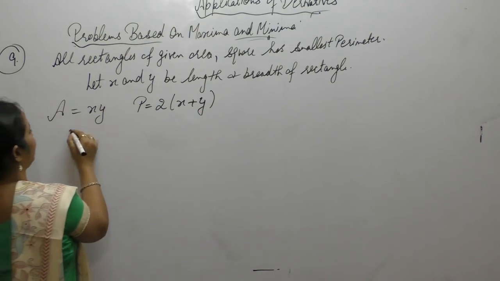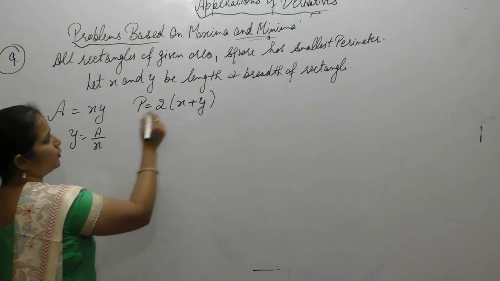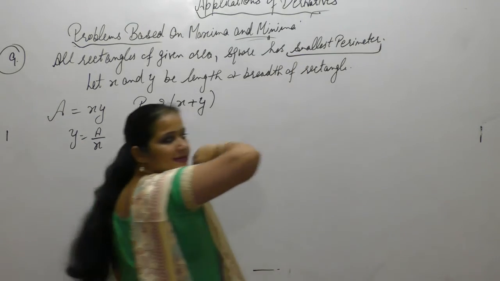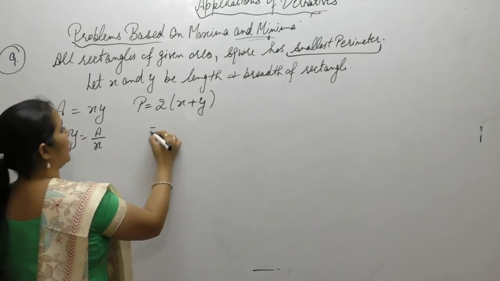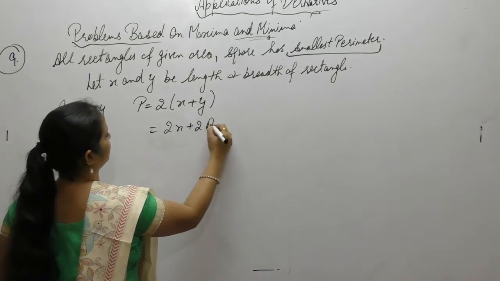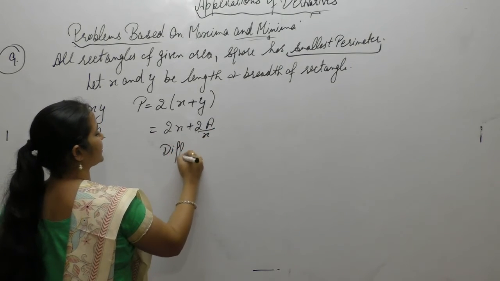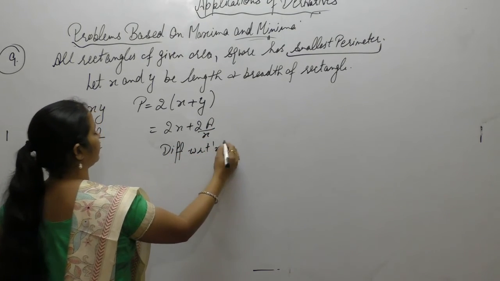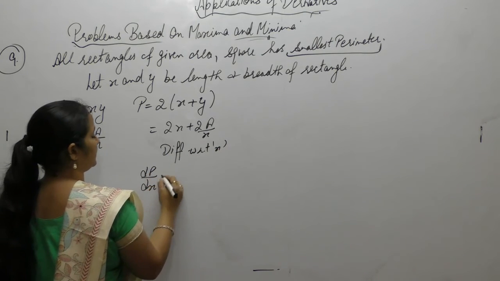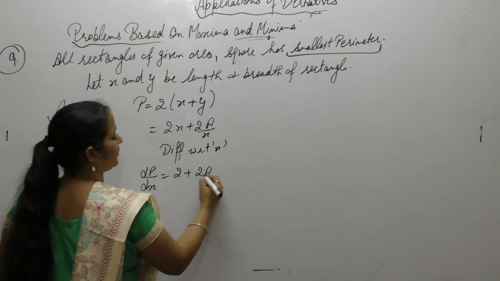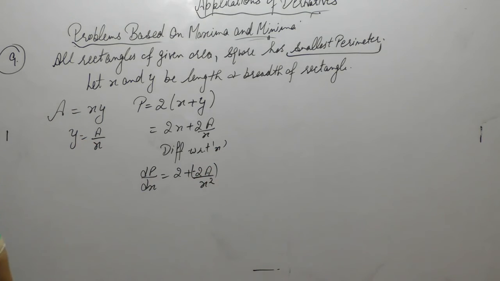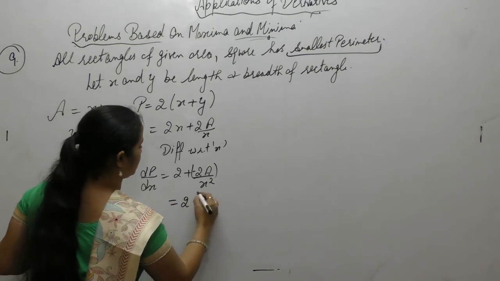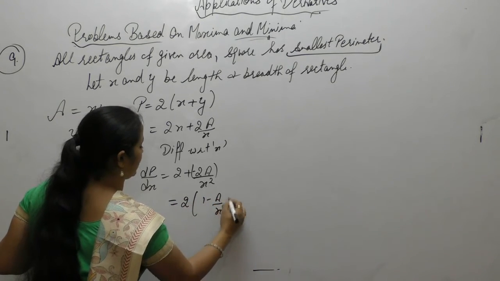From here, find the value of y, because we want to prove the perimeter is smallest, so we have to differentiate the perimeter. Now put the value of y. Differentiate with respect to x. Derivative of 1 upon x is minus 1 upon x square. This is what we have. So we can take 2 common: 1 minus a upon x square.